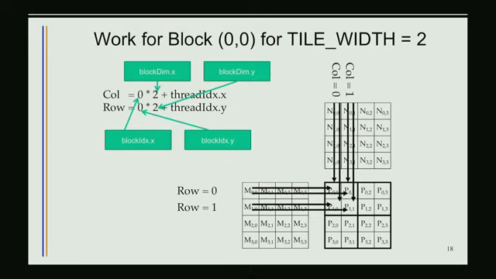Okay. So again, what do I have? I've got block index X and block index Y, block dimension X and block dimension Y. So in order for me to figure out what column I'm operating on, what I will do is take the block index X of the thread and multiply it by the block dimension. Why am I doing that?